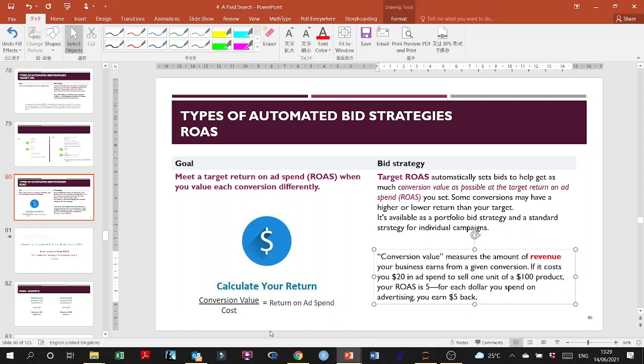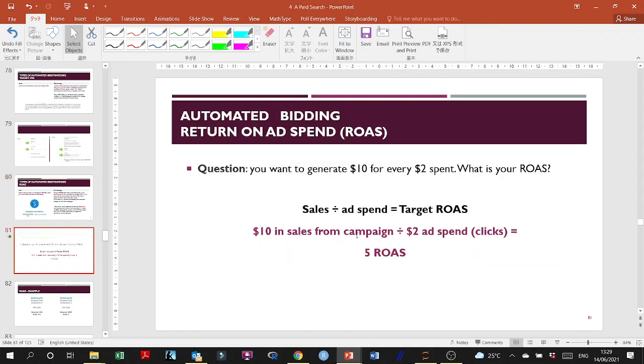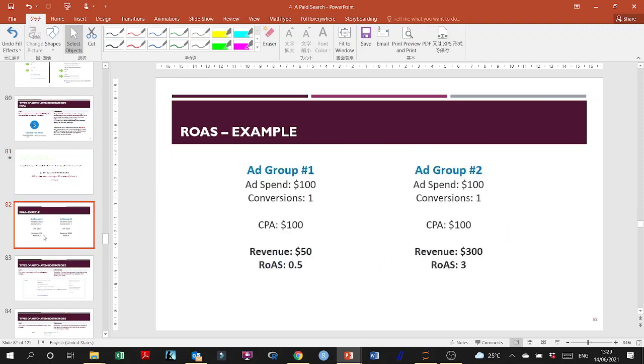I think here, I have it here. It is the sales, or the revenue, over the cost, the ad spend. This is the target return on investment or on ad spend. So please don't make a mistake here. You have the sales here is 100 over the ad spend is 20. So 100 over $20 is 5. So you are getting 5 folds of what you invested, or 5 times the return.